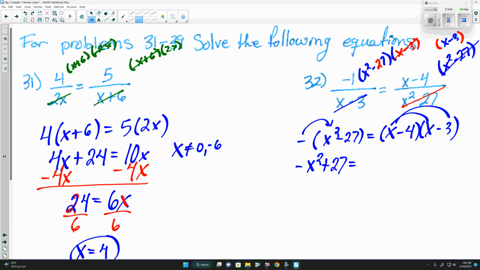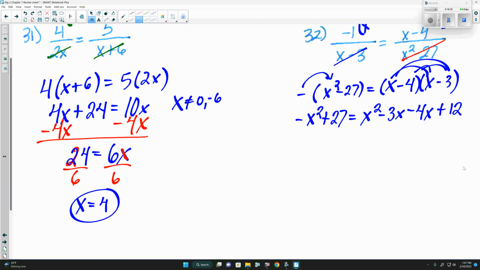On the other side, we can multiply this out. x times x is x squared minus 3x. Distribute the negative 4: negative 4x, and negative 4 times negative 3 is plus 12. At this point we can combine like terms: x squared plus 27 is equal to x squared minus 7x plus 12.